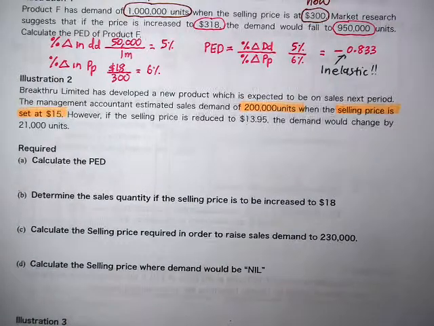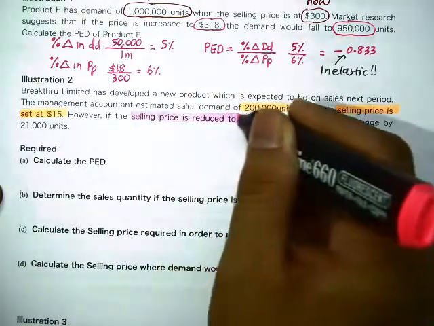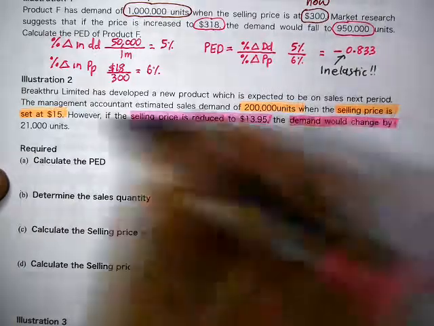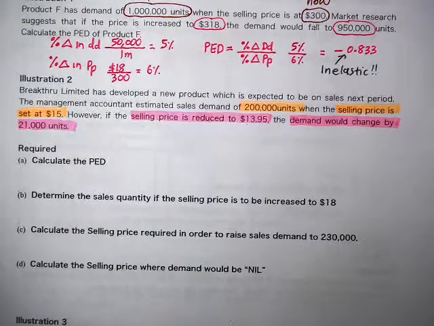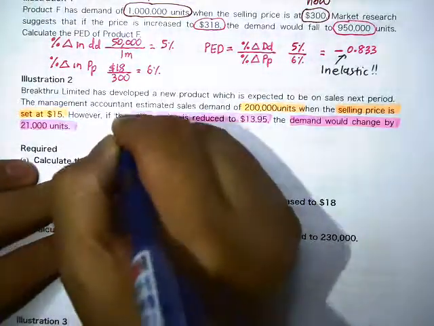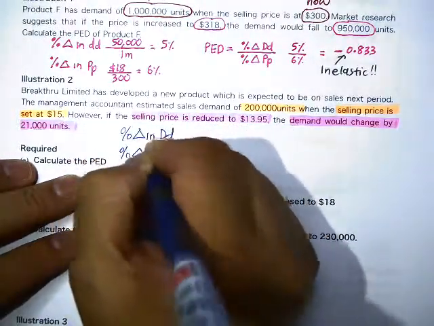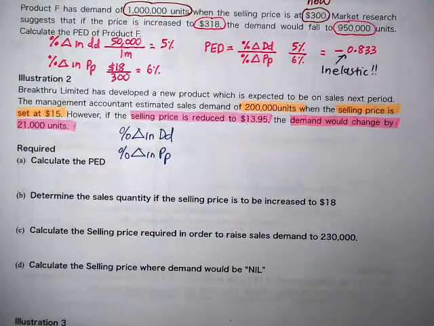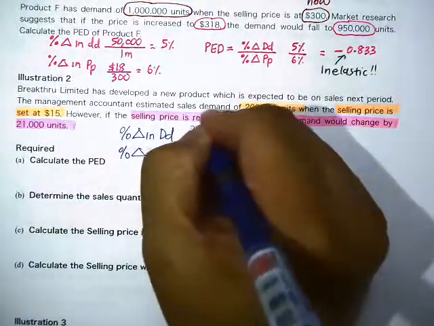But then they say that if the selling price is reduced to 13.95, demand would change by 21,000. Okay, so what is the PED? Now we want the formula again. PED is percentage change in demand over percentage change in price. Now the change in demand is so straightforward, given already, 21,000.